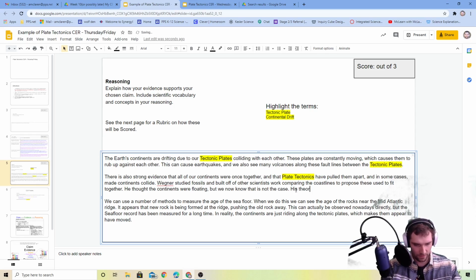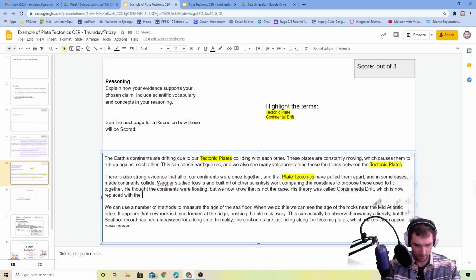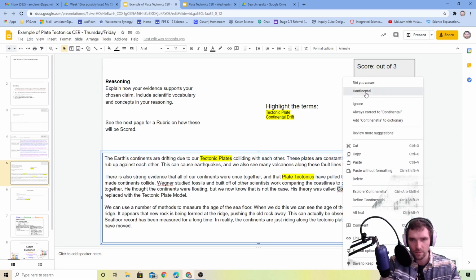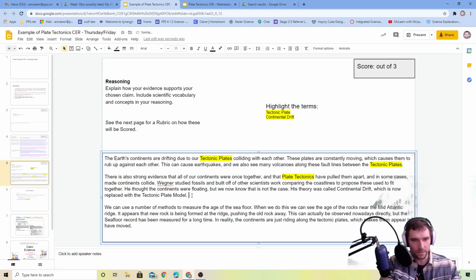His theory was called Continental Drift, which is now replaced with the tectonic plate model. Yep. That looks good to me.